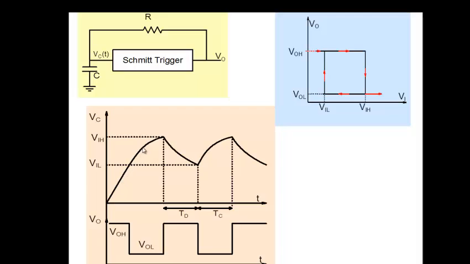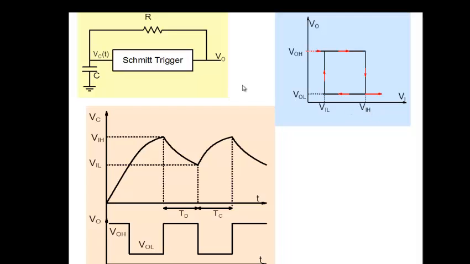And you know that what is happening to the capacitor voltage, which is the same as here, is that it starts charging till it reaches VIH. The moment it crosses VIH, the Schmitt trigger changes state. The Schmitt trigger now goes to VOL here. And remember VOL, of course, that you see here is smaller than VIH.